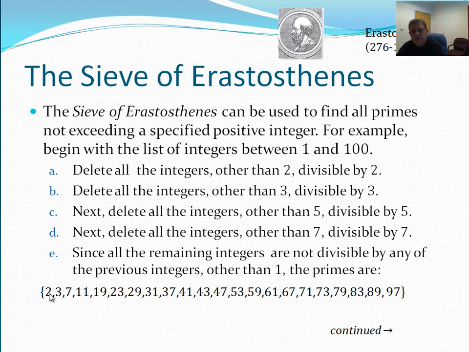If we want to find out if 4 is a prime number, well, it is divisible by 2, so it's not a prime number. We go to 5, and 5 is a prime number, it is divisible only by 5, and we leave it there.